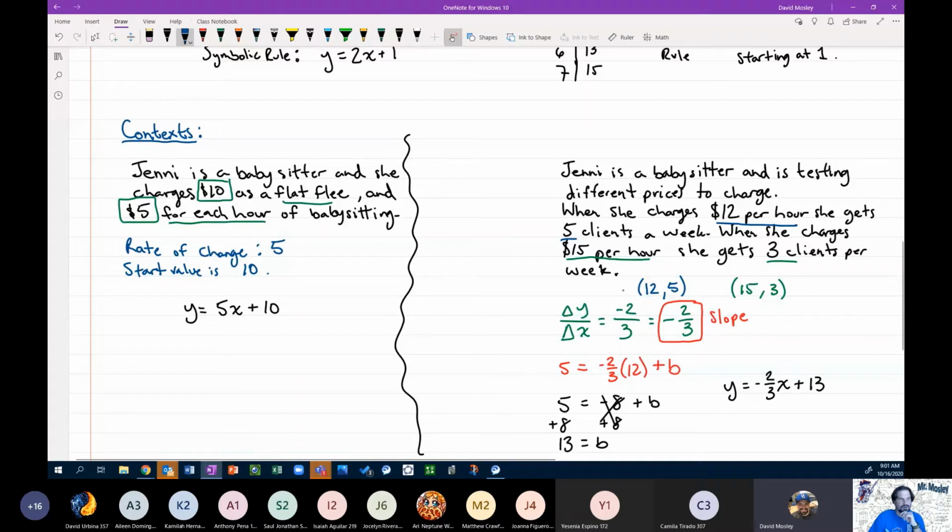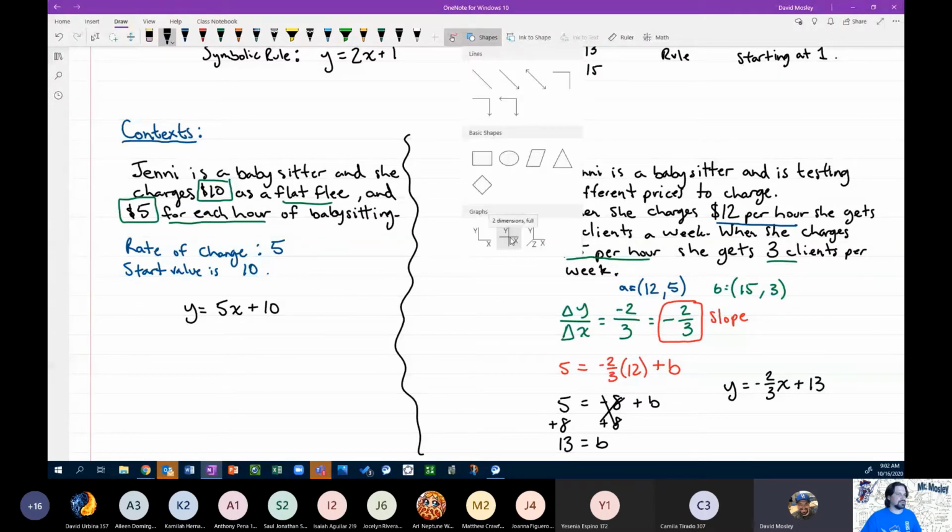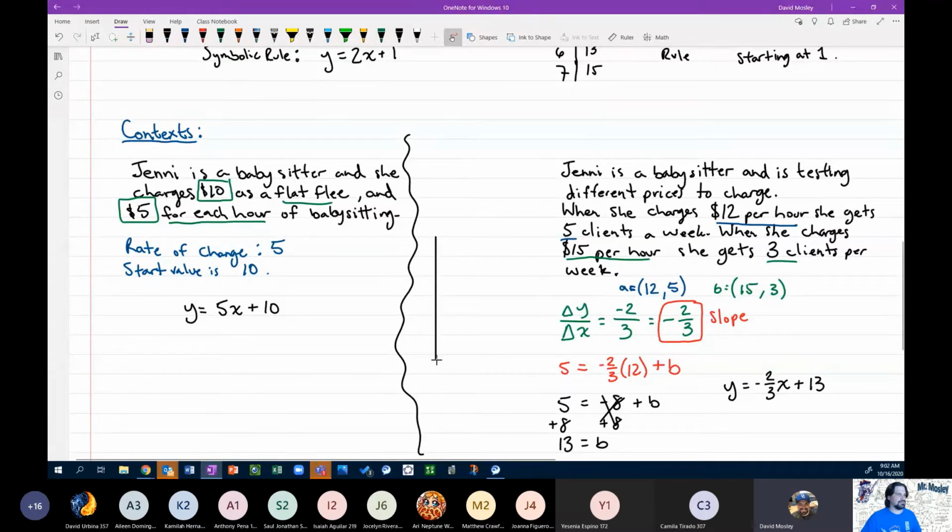Let's call this one A and this one B. Coordinate A is at 12, 5, which means as far as the x-axis goes, it's farther to the left than coordinate B. On our XY axis here, let's just guess that 12, 5 is somewhere over here.